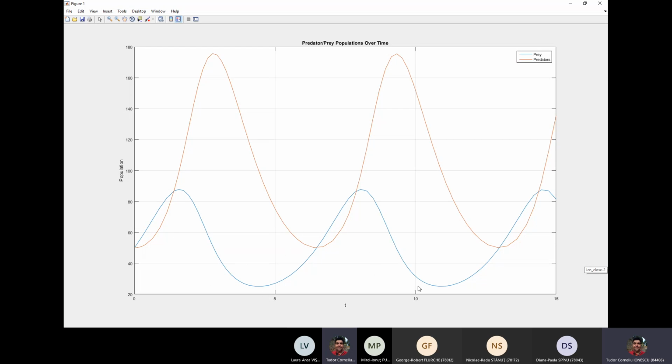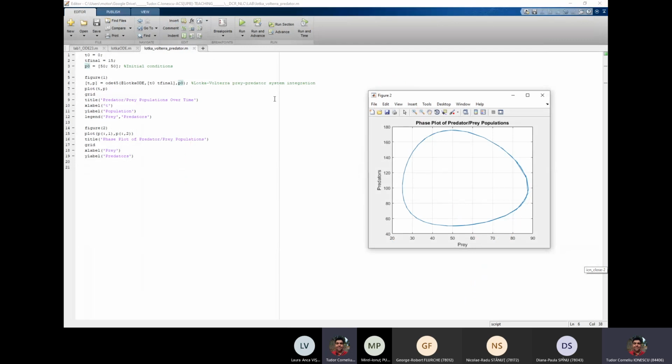Can you see that they have a periodic evolution? Both of them have a similar periodic evolution, and this periodic evolution is constant. How does it look to you? Is it stable or unstable?